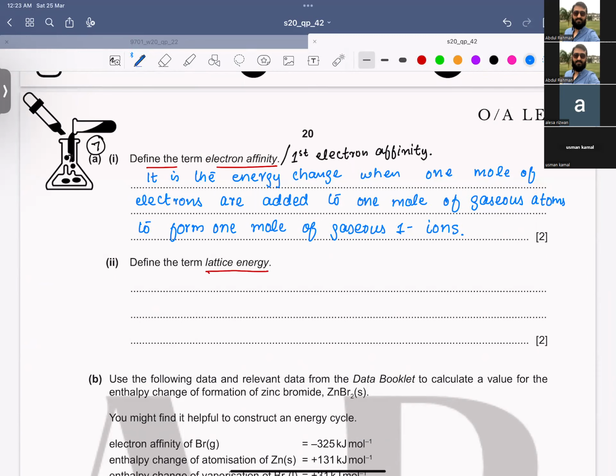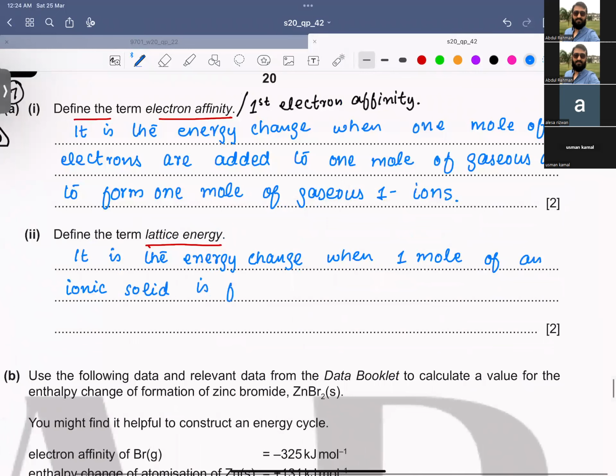So it is the energy change when 1 mole of an ionic solid is formed from gaseous ions.